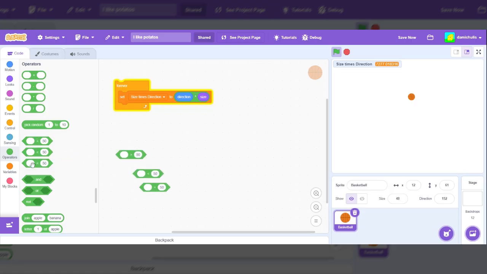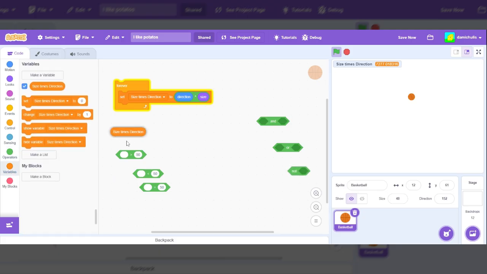These three and the conditions. These three are for like: is size times direction bigger than 300? True, because it is.